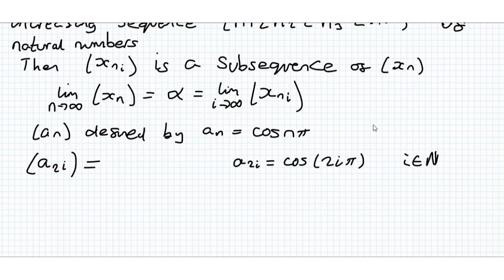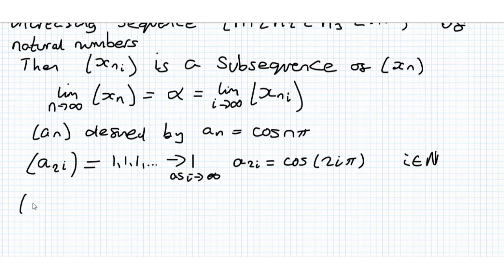Anyway, the point is 2i is increasing on the natural numbers. So if you increase i, 2i increases, so this is a subsequence. Note that 2i is even, and for an even multiple of pi, the cos function is always equal to 1, so this sequence is just equal to the constant 1, so that clearly tends to 1 as i tends to infinity.